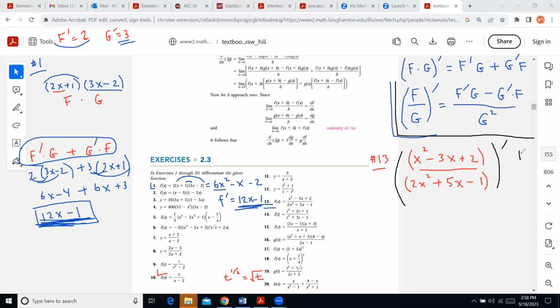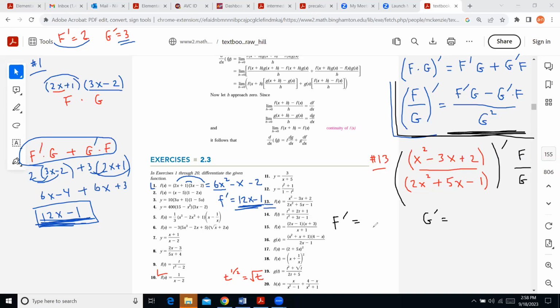So I'm going to treat the numerator as function f and the denominator as function g. So what I need is to set the structure. I need to find what is f prime and what is g prime separately. And then we'll produce this fraction, and that'll be our answer.